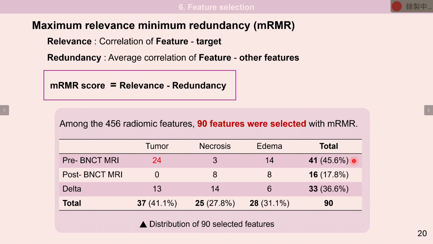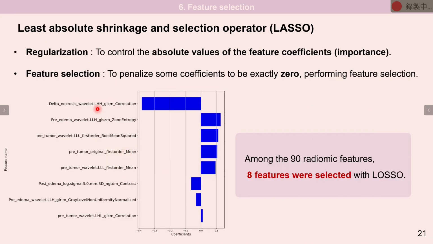And the second method is the least absolute shrinkage and selection operator, LASSO. This method is a regression analysis method used for regularization and feature selection to enhance the prediction accuracy of a statistical model.